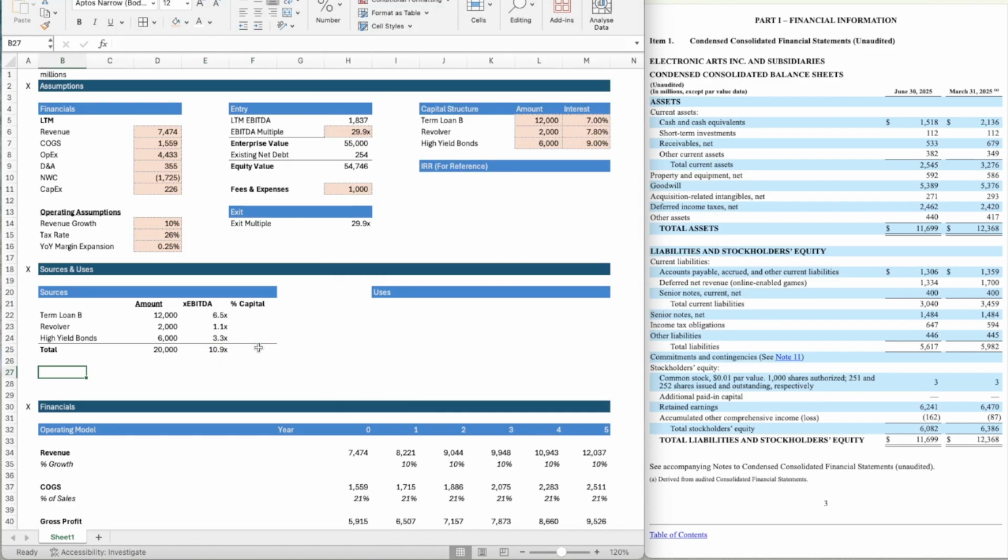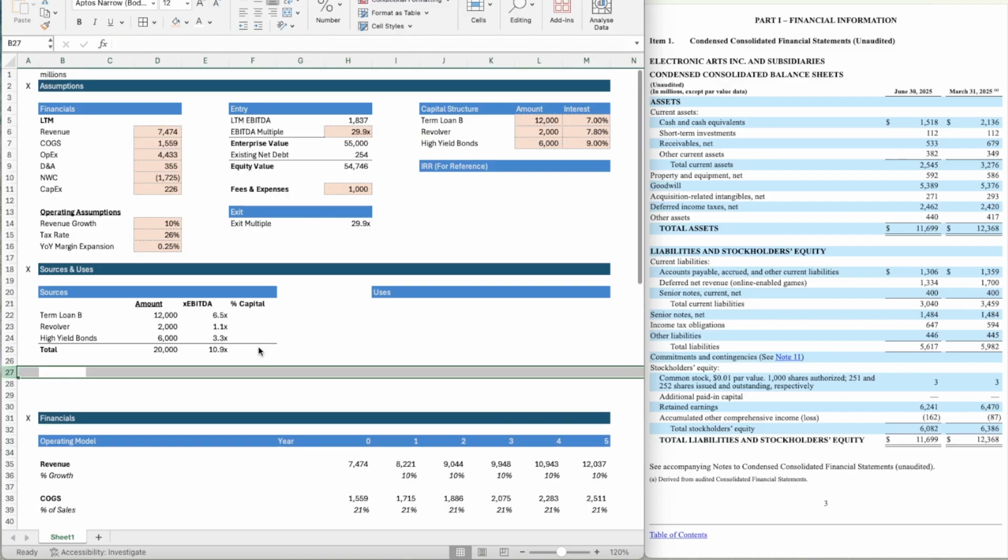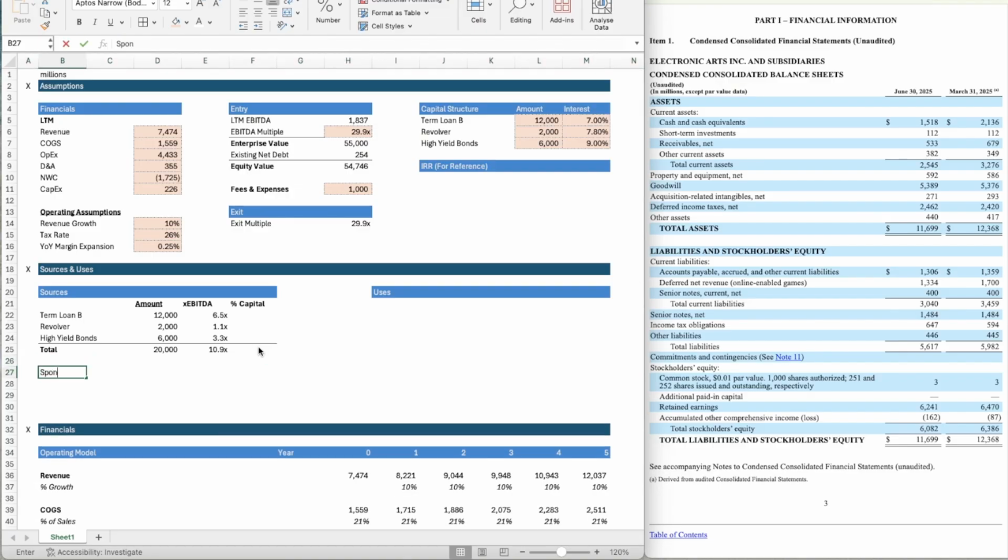Now, okay, just to add a couple more lines, we have something called sponsor equity. And we know that they're putting in 36 billion.